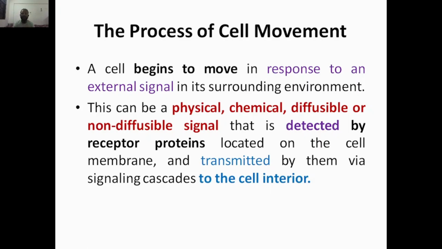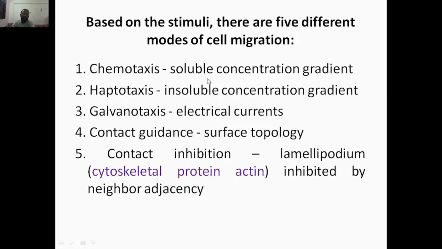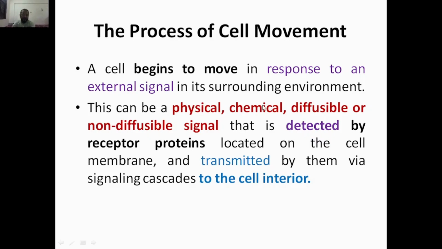That means this is how the cell gets all the signals. When the soluble concentration gradient is different, the cell surface proteins will sense that, and that signal will be given to the particular cells. So that's how things work.